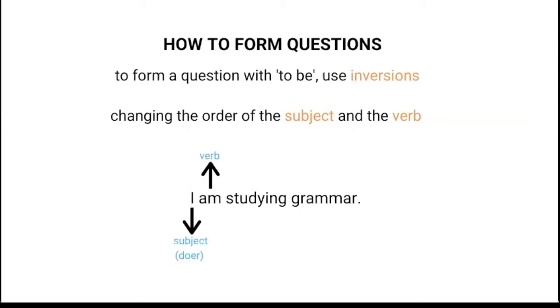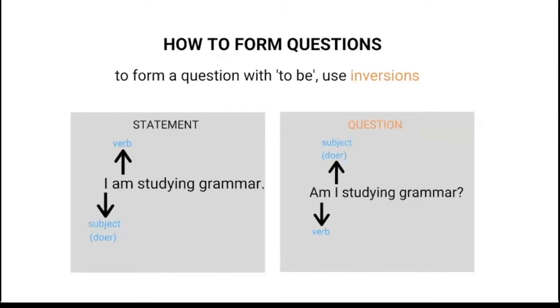So we're going to do an inversion, and we're going to change the formation or the order of these two things here. So questions with the verb to be start with either am, is, or are. Of course, we're talking about the present simple here, okay?